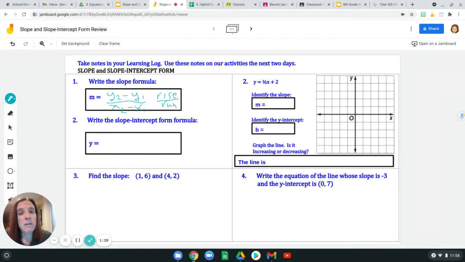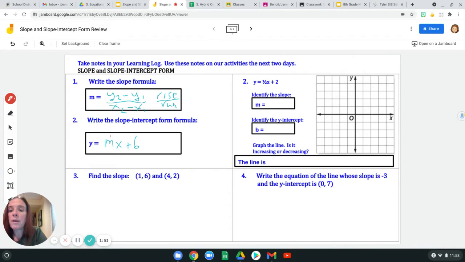Slope-intercept form formula. Take a minute to look for that in your notes, and you're going to fill in the box. You can pause me if you want to find it on your own first. Y equals mx plus b. Now let's label the parts of that just as we did in your notes the first time you saw it.